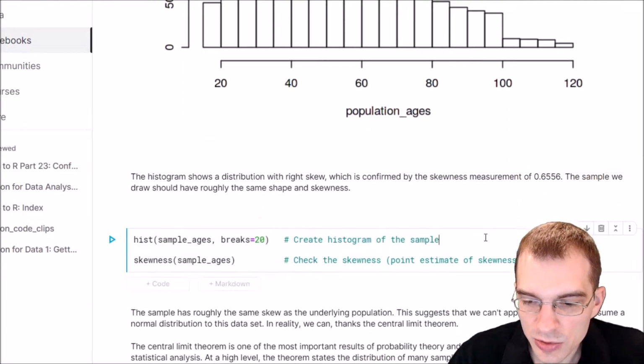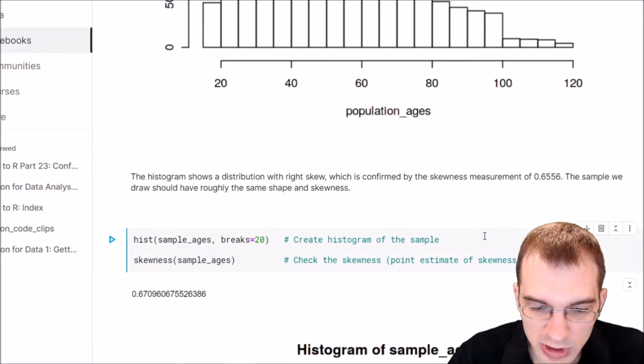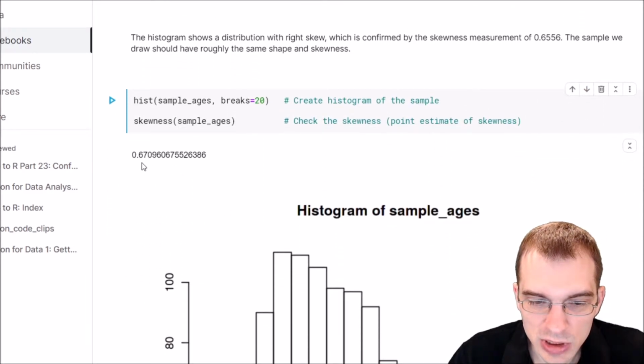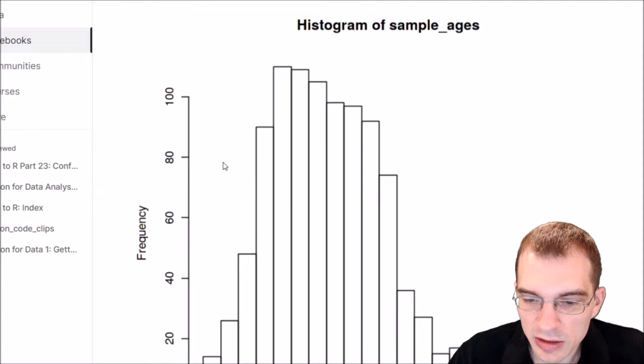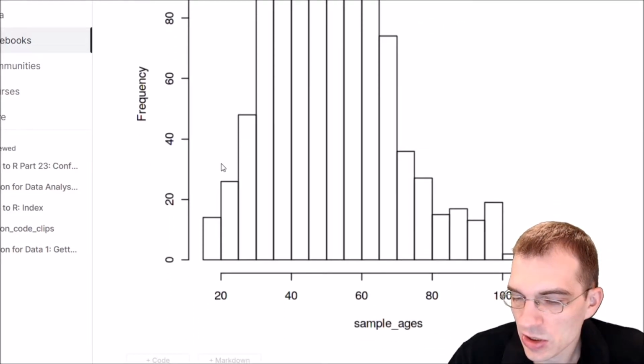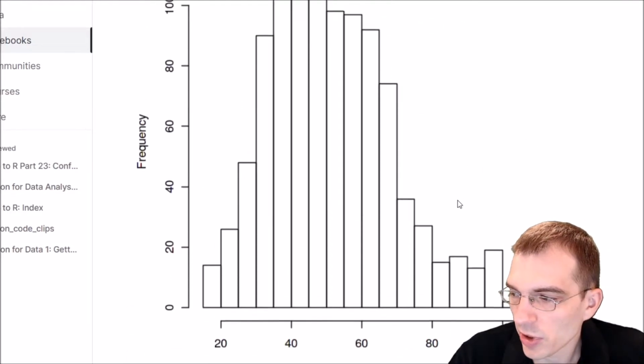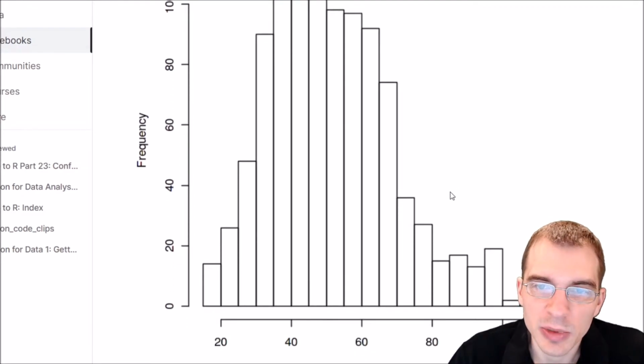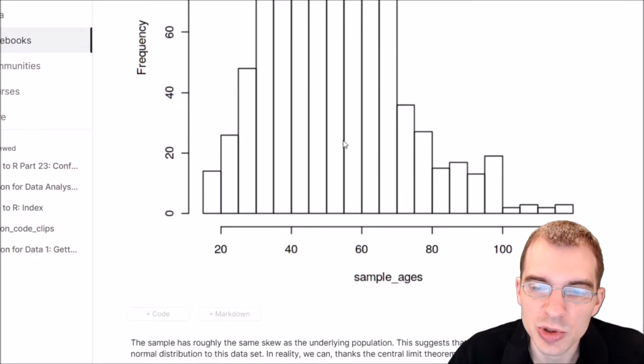And if we were to do the same thing with the sample data we took, the skewness is very similar there, and we also see a histogram where there's more data at this upper end than we would expect from a normal bell-shaped curve distribution.